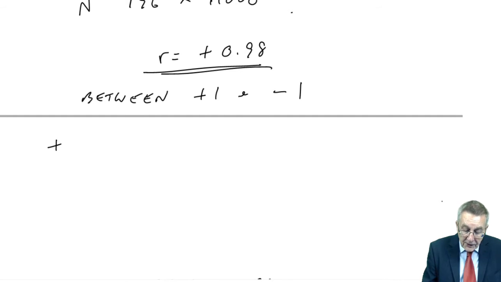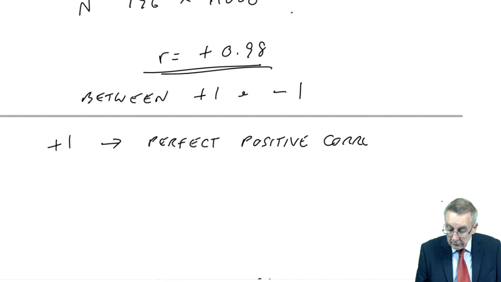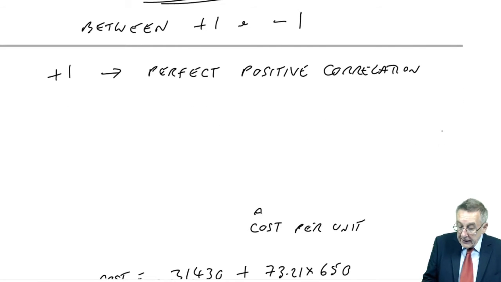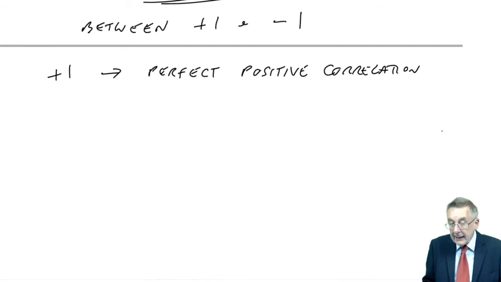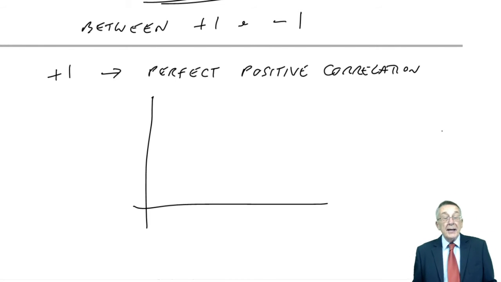if it's +1, it means we've got perfect positive correlation. And what that means is, it would mean the points lay exactly on a straight line, and it would be like we've been looking at, a straight line going up.